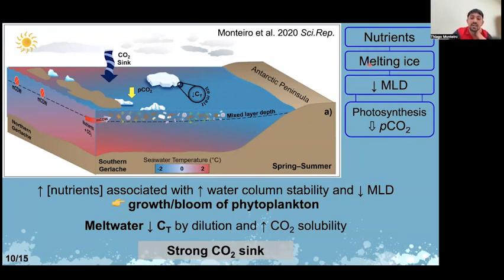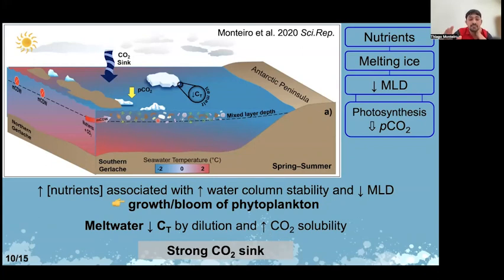And during the late spring and during the summer, we have melting of both sea ice and the continental shelves, for example, and both sea ice and continental shelf melting drive a more stable water column and a lower mixed layer depth.